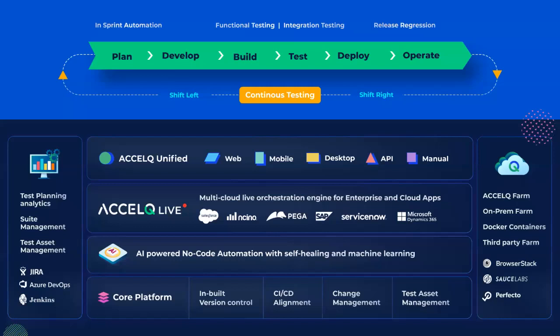We enable in-sprint automation by integrating with Agile and ALM tools such as Jira and ADO, as well as downstream to the CI/CD tools as talked about, such as Jenkins, GitLab, and GitHub. And ACCELQ is the only continuous testing and test automation platform that is available on the Salesforce AppExchange. So ultimately, if continuous testing is the goal, then ACCELQ is definitely the right platform to help achieve it.